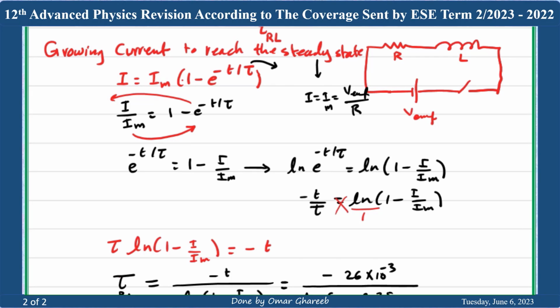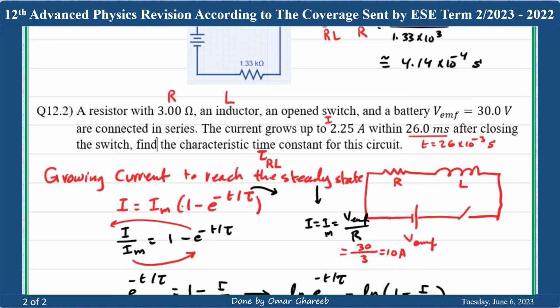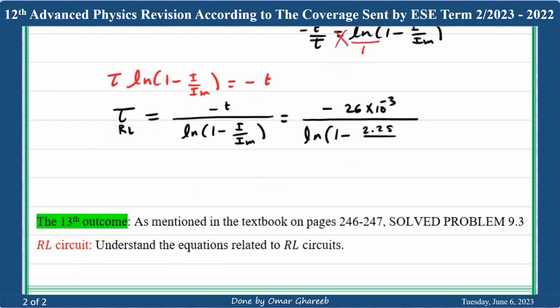The VEMF is 30 and R is 3. So the answer is 10. Now put it here. I maximum is 10.